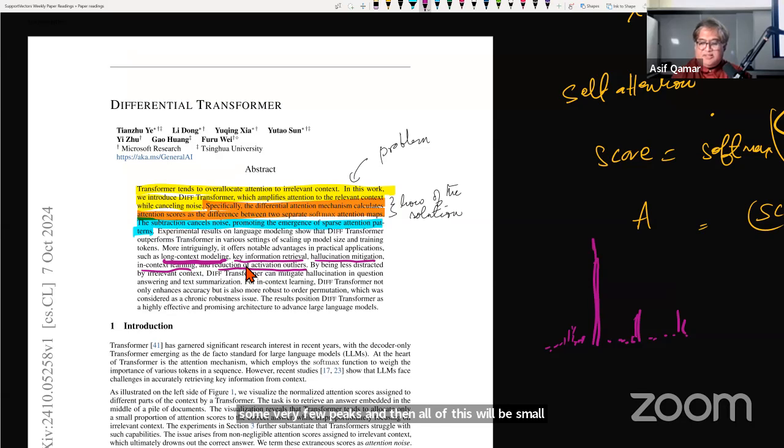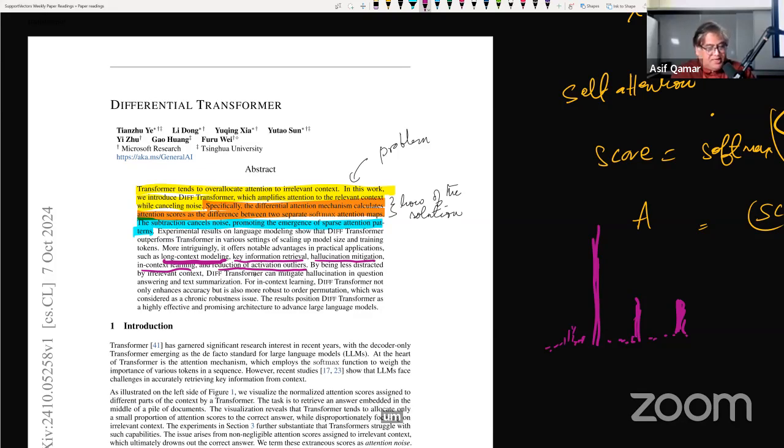But you'll suddenly see these giant peaks, outlier values. So these are the activation outliers, and you tend to not like it after you start seeing this.